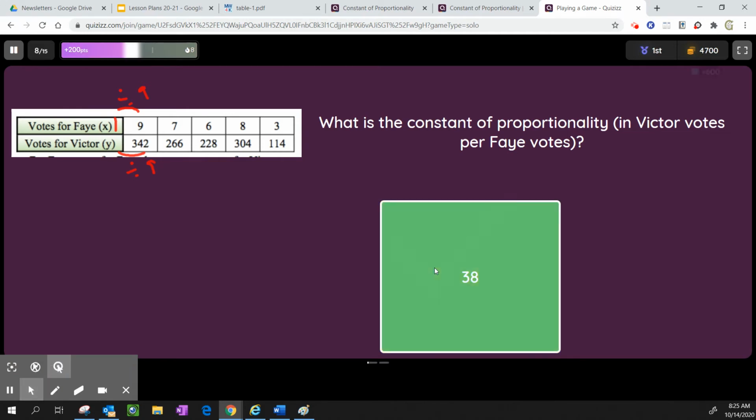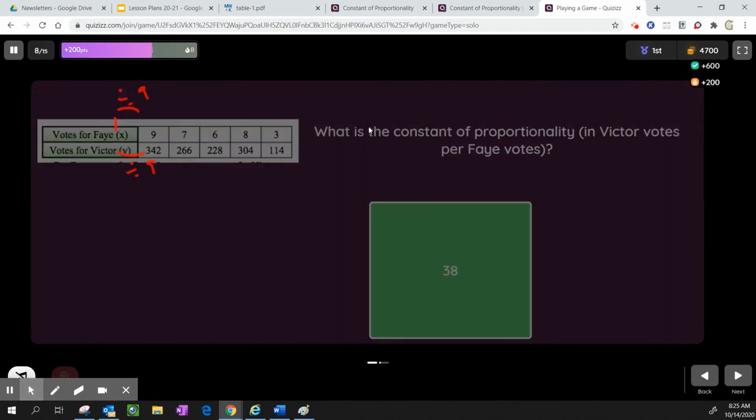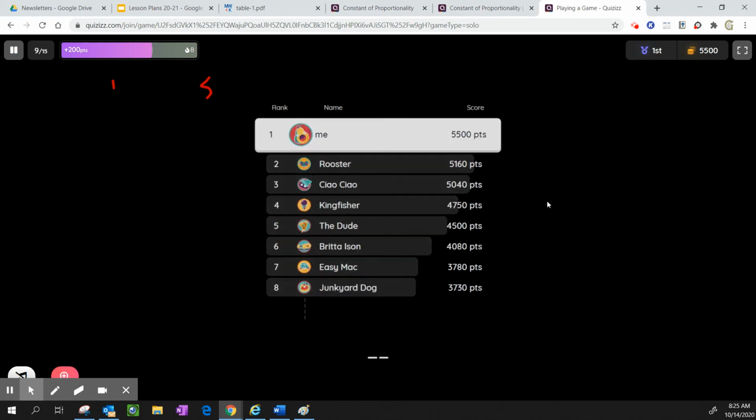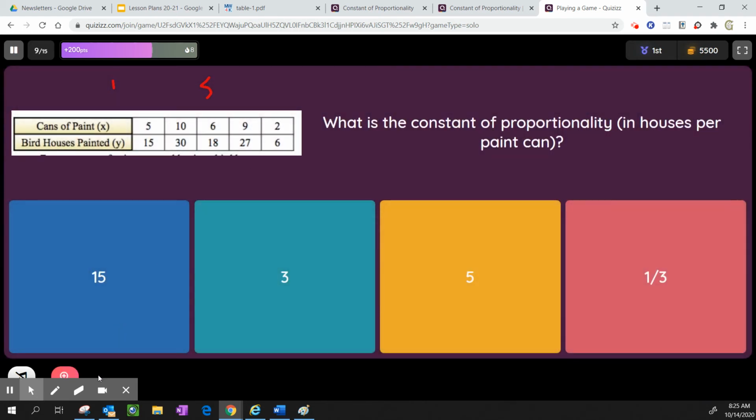So 38 is going to be my answer. Next one, constant of proportionality in houses per paint can. So again, I'm getting my number 1. And so I could do 5 to get to 1 is divide by 5. So 15 divided by 5 would be 3.